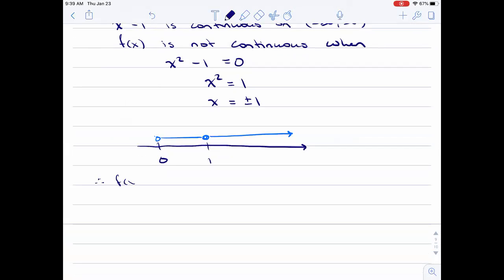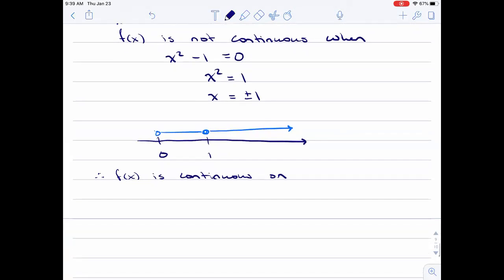Therefore, f of x is continuous on, if we had to write this in interval notation, 0 to 1, not inclusive, I guess you could say exclusive. And then pick it up again at 1 to infinity.